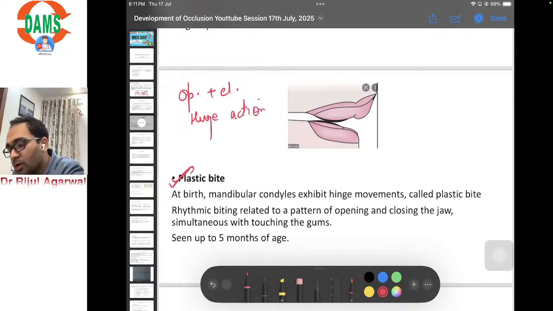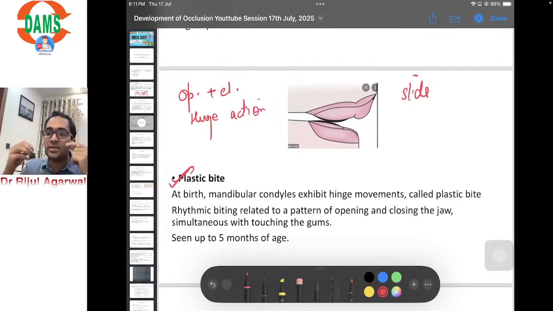If you remember from your prosthodontics class, there is presence of slide as well. So the condyle opens and glides in the permanent teeth, whereas there is no such glide in the predentate period. There is just opening and closing hinge movement of the mandibular condyle, and the term given to this is known as plastic bite.